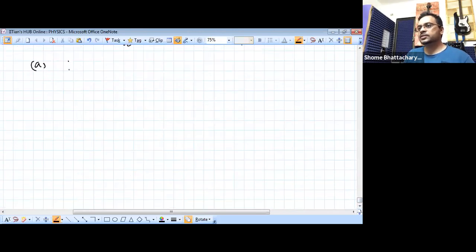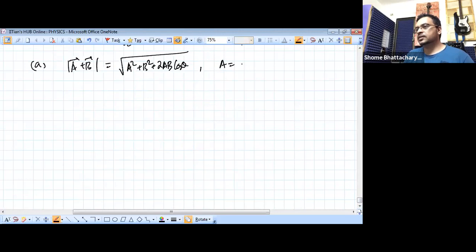So the formula based method में magnitude of A plus B is root of A square plus B square plus 2AB cos theta. में मैं A को सब्स्टिट्यूट करूंगा 10, B को सब्स्टिट्यूट करूंगा 10, theta को 60 डिग्री, so cos theta will become half.